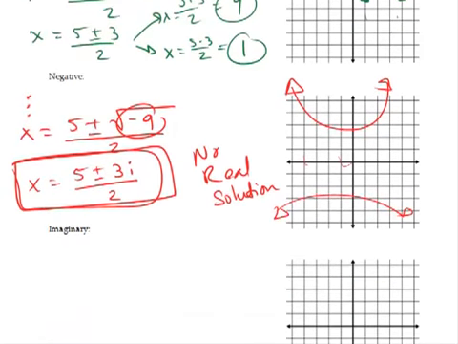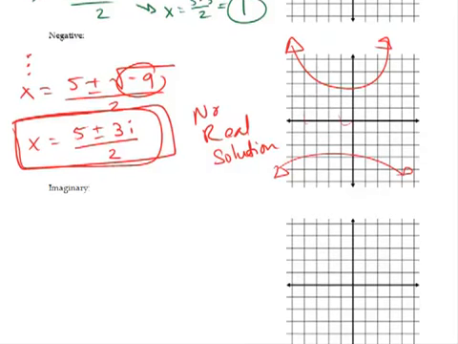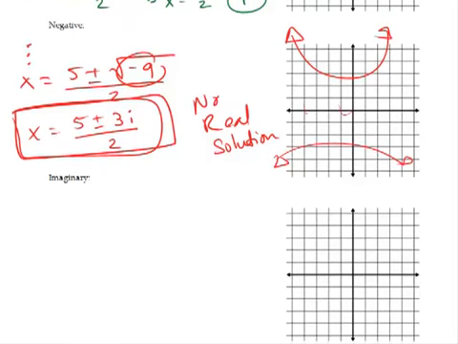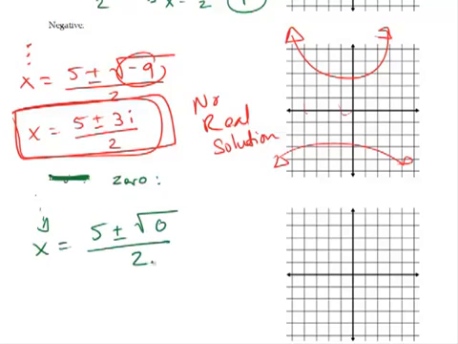And then the last option is, instead of having a positive or a negative number underneath, let's go ahead and say, this is a typo here, sorry ladies and gentlemen, let's go ahead and say that you get a 0 under your square root. So you've been solving, and you get x equals 5 plus or minus, and you're like, oh, wait a second, 0 over 2.